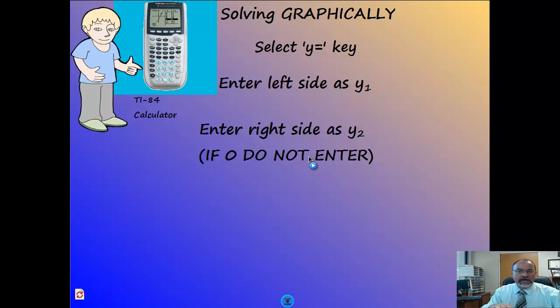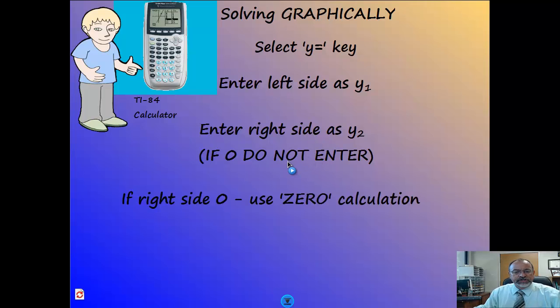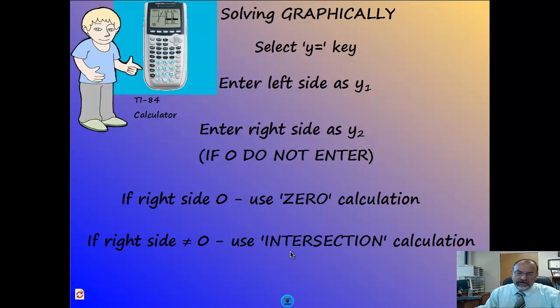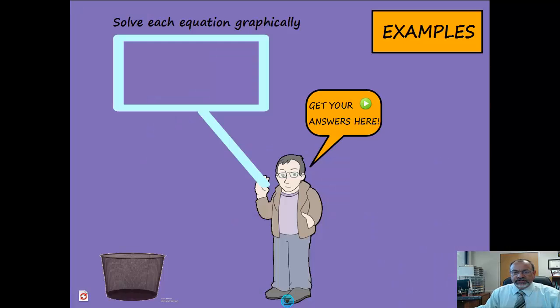So it will draw a line right on top of the x-axis and you won't really see it. So there's no point in entering it if the value is 0. Once you've done that, you then want to find out where the two intersect. And again, if the right side is 0, it's the x-axis, so you want to use the 0 calculation on your calculator. If the right side is not 0, then you'll want to use the intersection key.